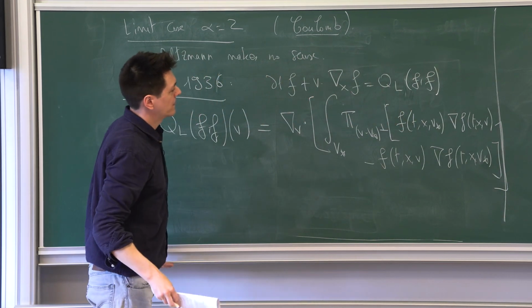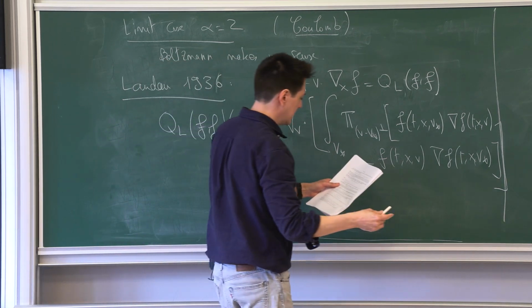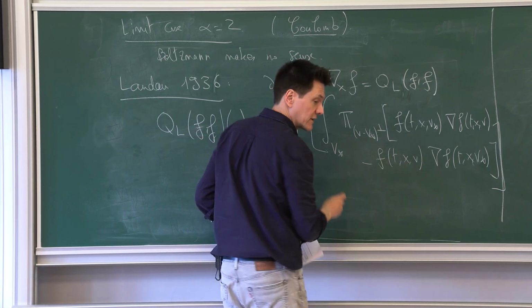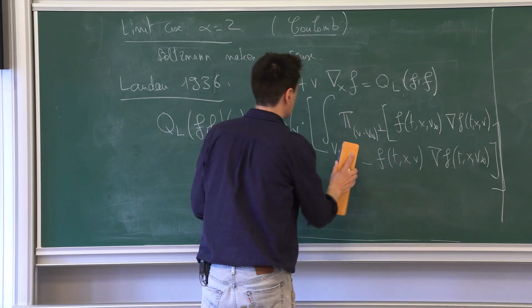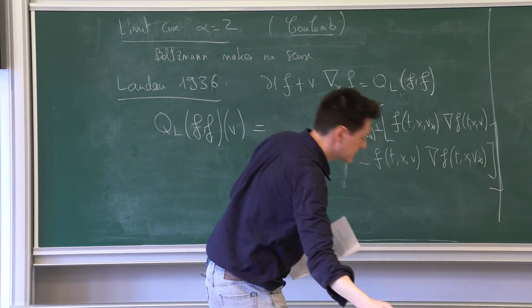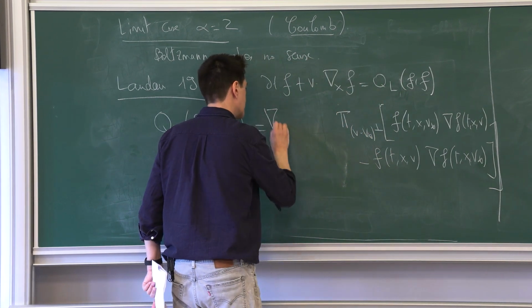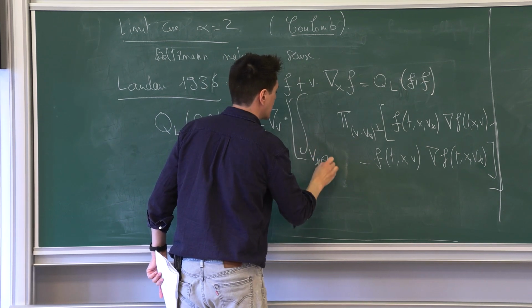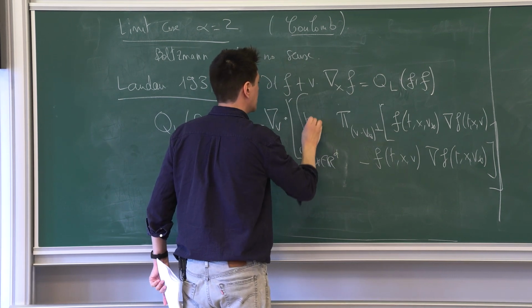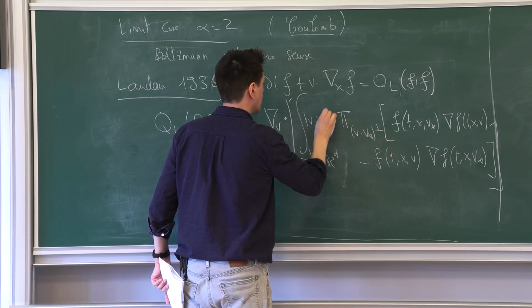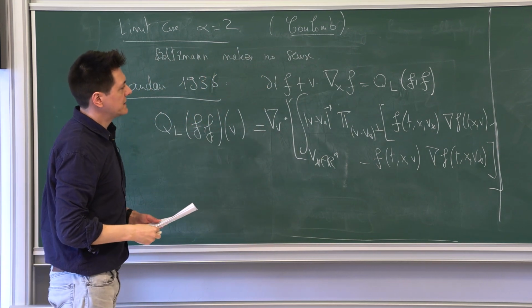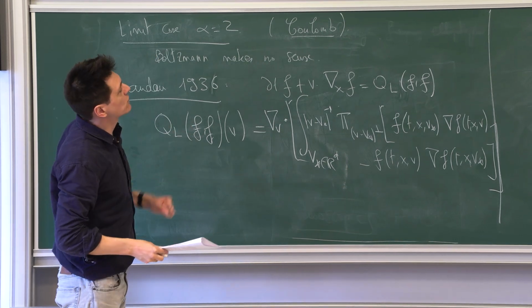Okay, so, oh, and I forgot my kernel, obviously. So that v star is in R^d, and here I have |v - v star|^(-1). Okay, so what does it mean? Yeah, we still have the two operators.